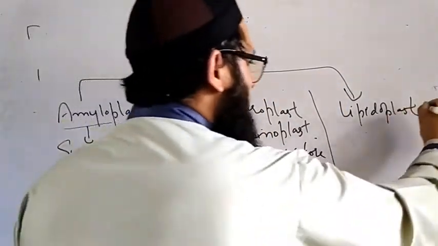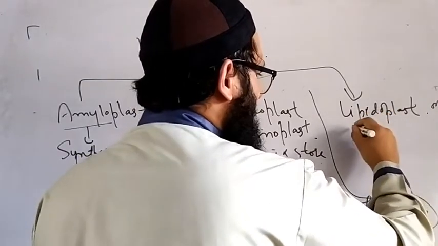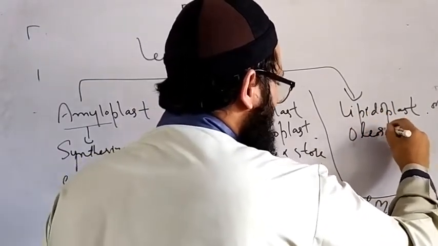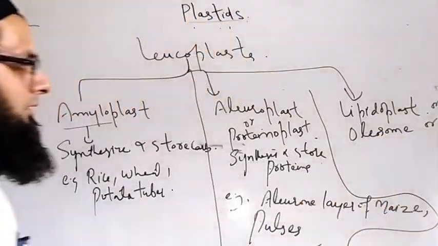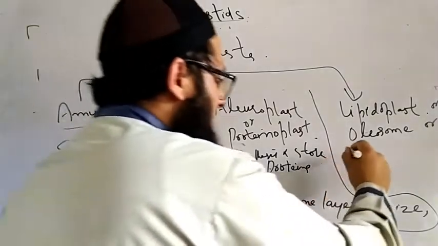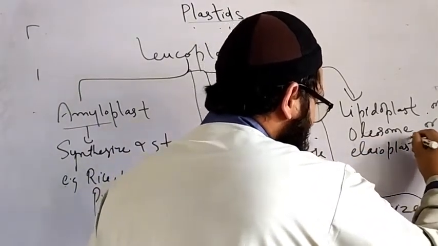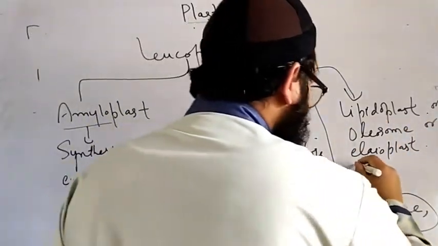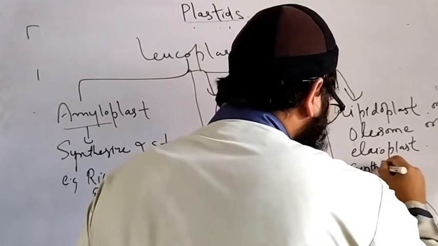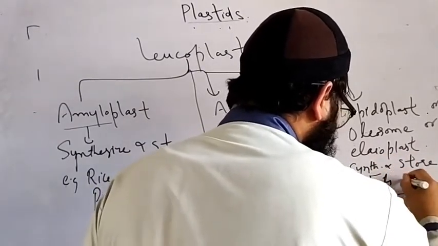Now, we have the lipidoplast, which we also call oleosome, also called elaioplast. What is the function of these lipidoplasts, oleosomes or elaioplasts? They synthesize and store fats and oils.